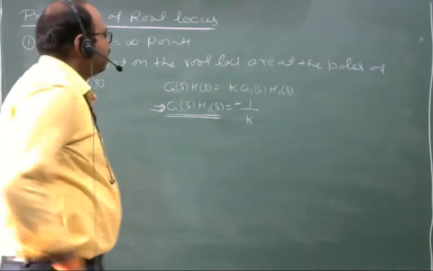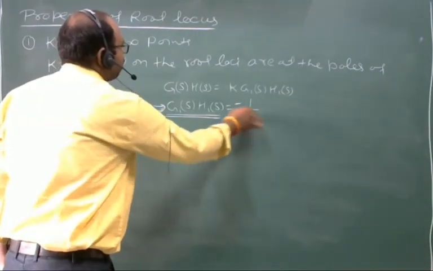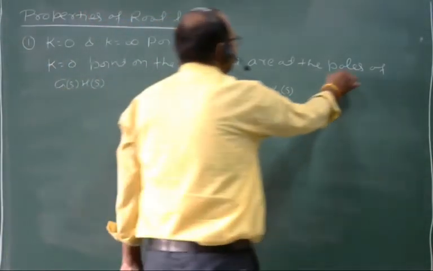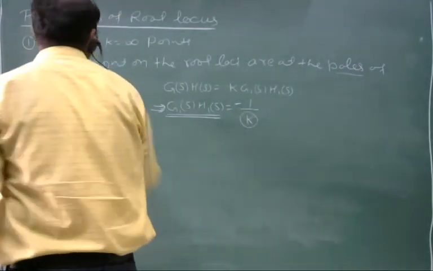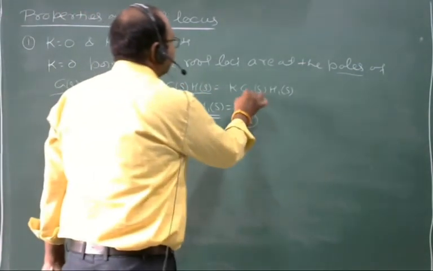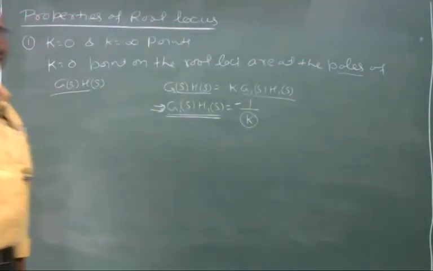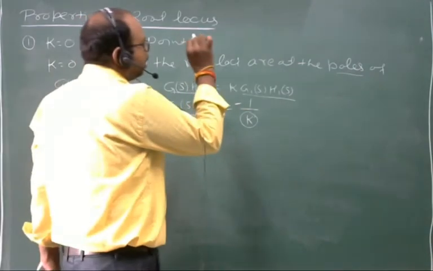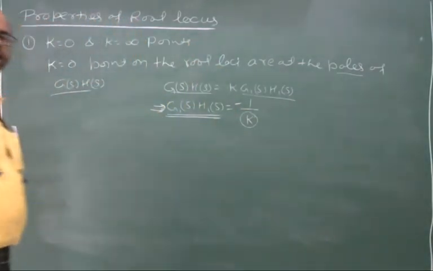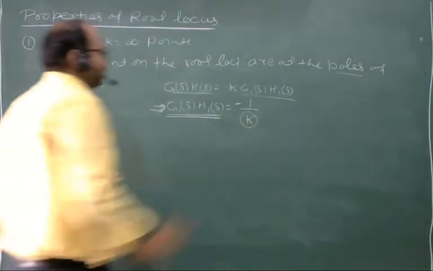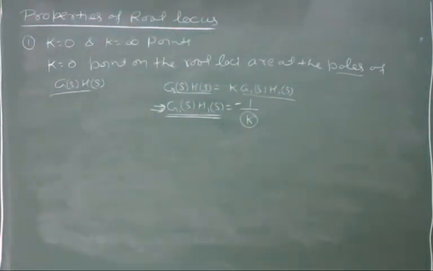So the K is equal to 0 point is where the poles of G(s)H(s) exist. The poles of G(s)H(s) and the poles of G1(s)H1(s) both are the same. So the K is equal to 0 points on the root loci are where the poles of G(s)H(s) exist, right?